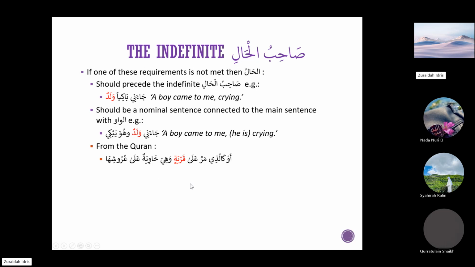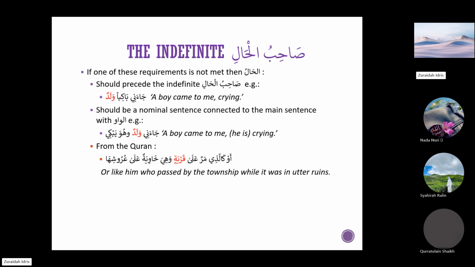And in the Quran, you know this story about the man who did not believe in Qiyamah, or like him who passed by the township while it was in utter ruins. So this one, ala qaryatin. All right. Look at this sentence. Where's the hal actually?